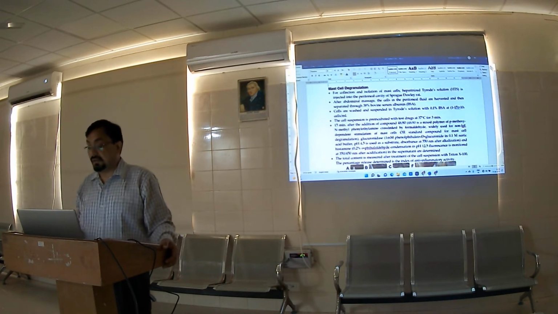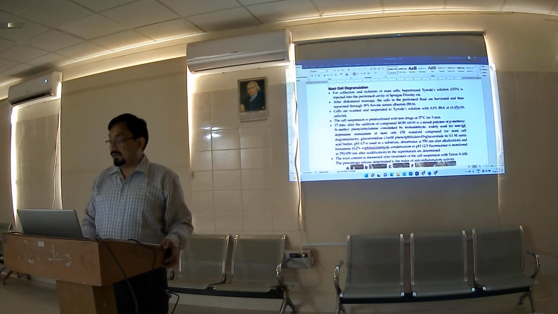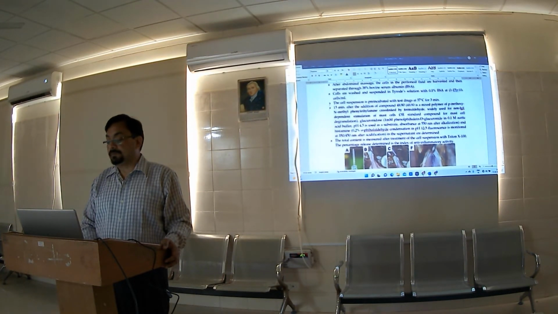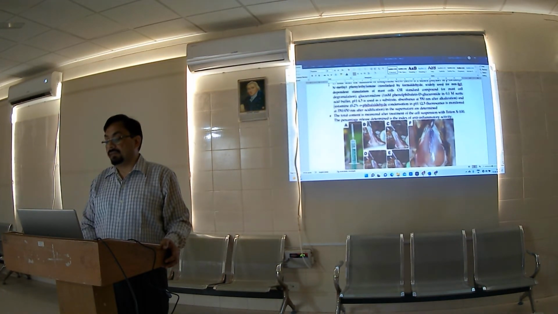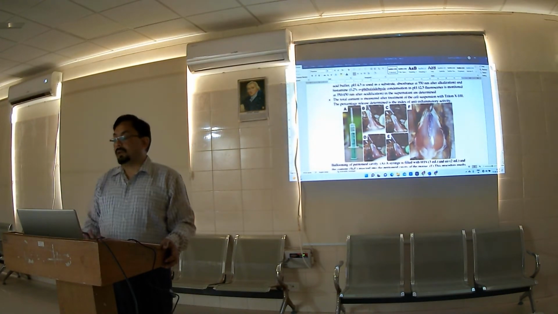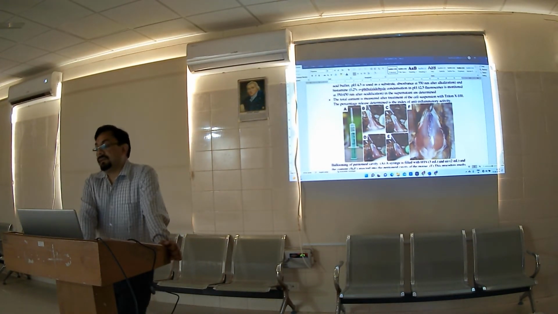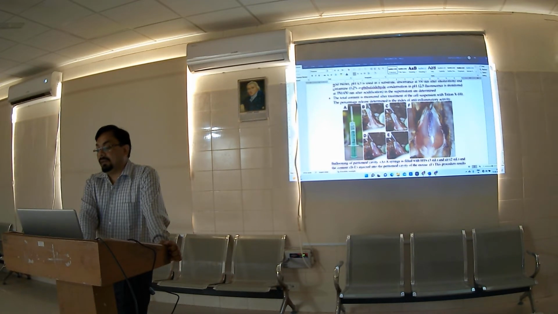This is the method how we can determine at what particular wavelength. The total control is measured after treatment of the cell suspension with Triton X100. The percentage release determined is the index of anti-inflammatory activity.